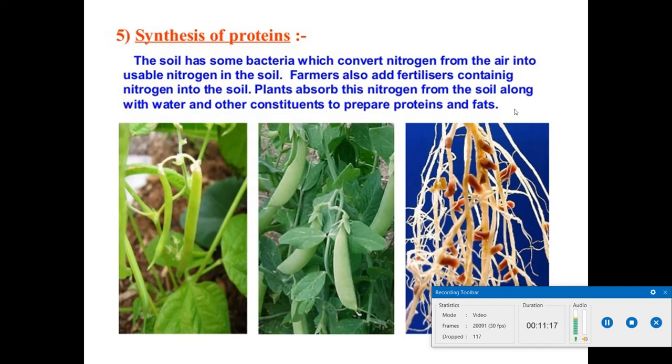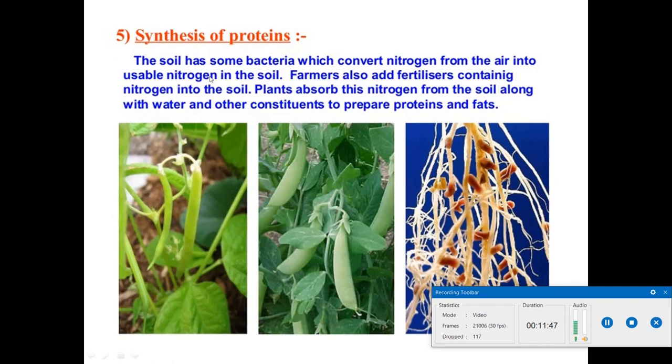So if the plant has to synthesize protein, it requires other elements such as nitrogen also. How does the plant get nitrogen? This is the question now. Let us learn about it.